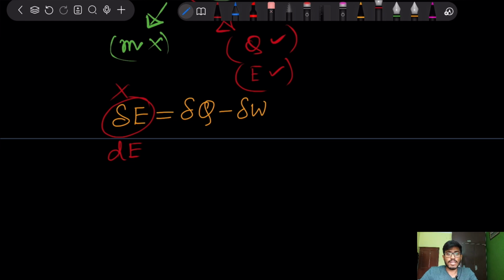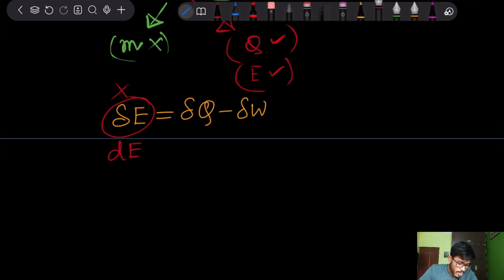Energy is an exact differential, but heat and work are path functions, not point functions. That is why they are inexact differentials. Now another question comes up: when can we write work also as an exact differential? This is your homework. Type your answer in the comment box.